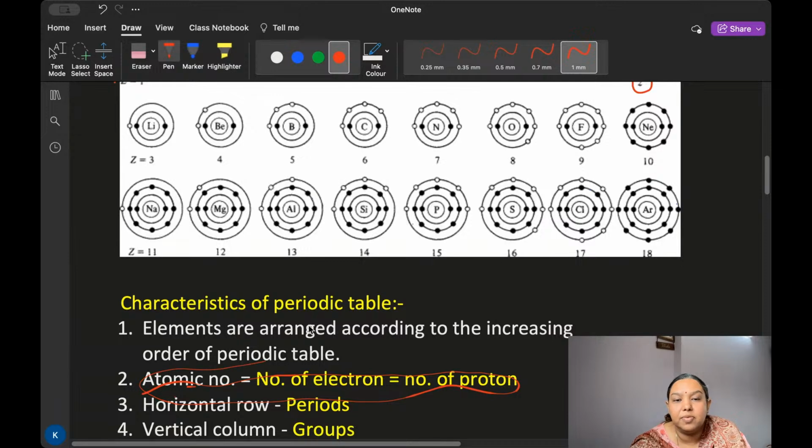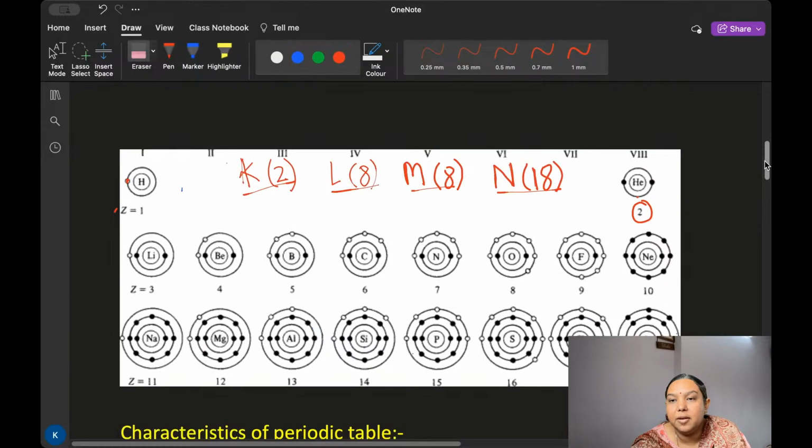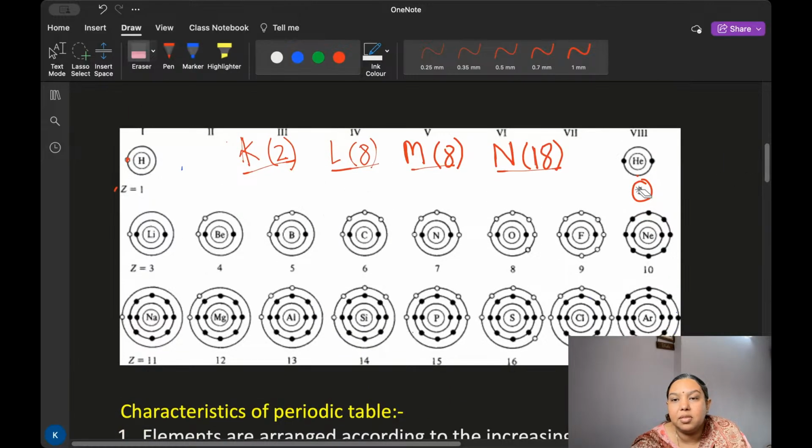This is the rule which we have to understand. So if the element has atomic number 2, that is helium, the number of electrons and protons will be 2. These 2 electrons are filled in the first shell, the K shell.